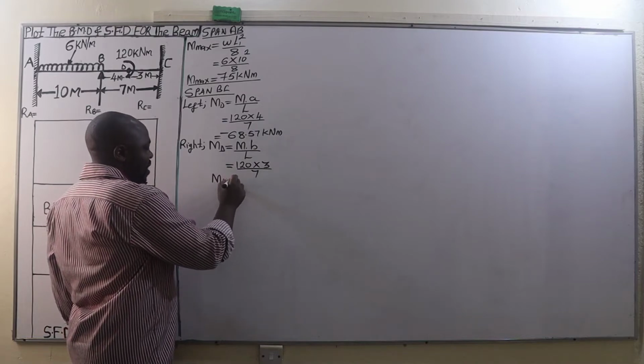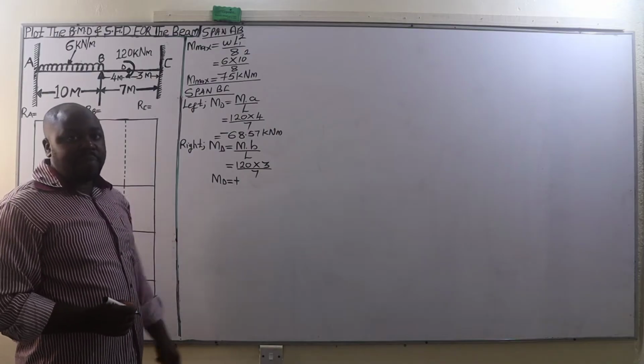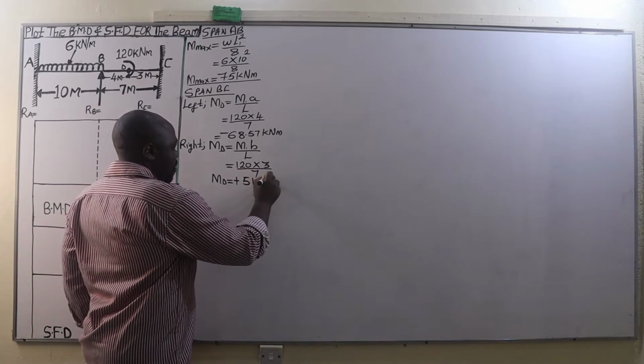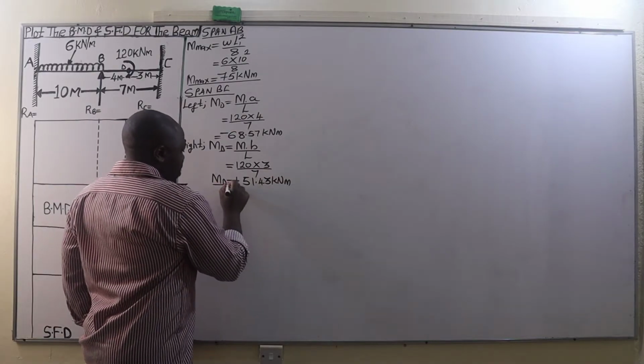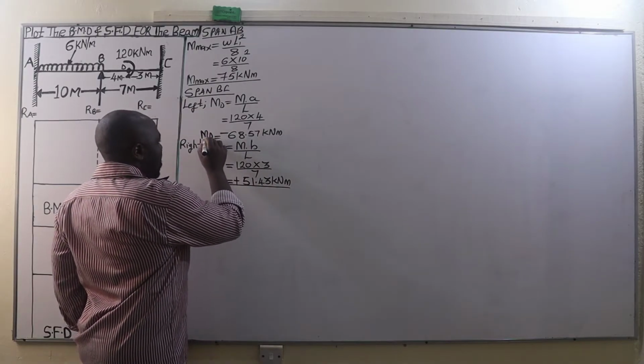And that is going to give us a positive bending moment of 51.43 kilonewton meter. So those are the values of the bending moments that we need.